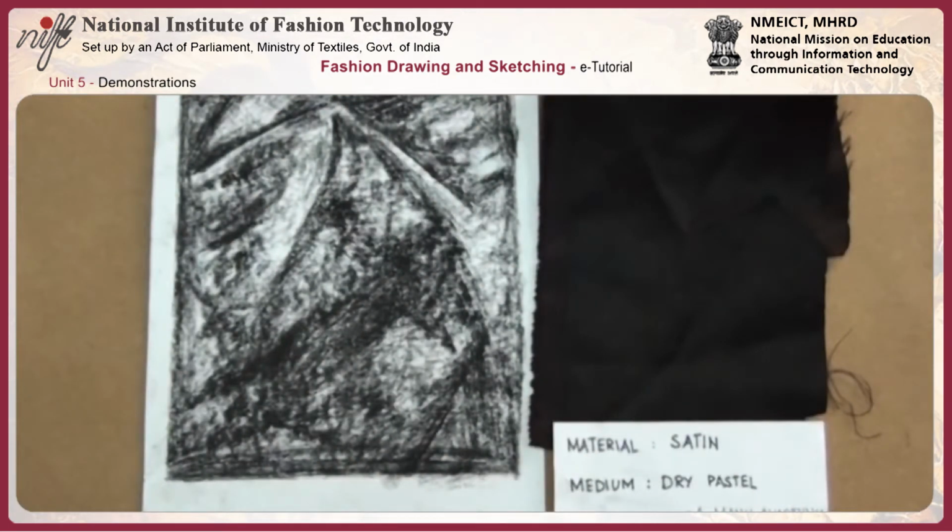Here you are watching a satin fabric rendered using black dry pastel. As satin has the quality to reflect a lot of light, the illustrator has combined light and shadow in this rendering to give a feel of the fabric.